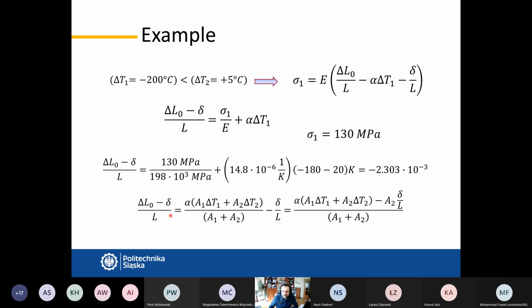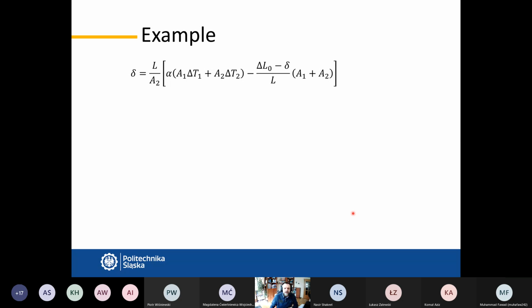On the other hand, this factor can be calculated as, this is the total elongation, delta L0, as you know from previous slides, alpha times A1 delta T1 plus A2 delta T2 divided by the total cross section, minus delta over L. So we can solve it for the magnitude of delta, expressed by the solution of the former formula.